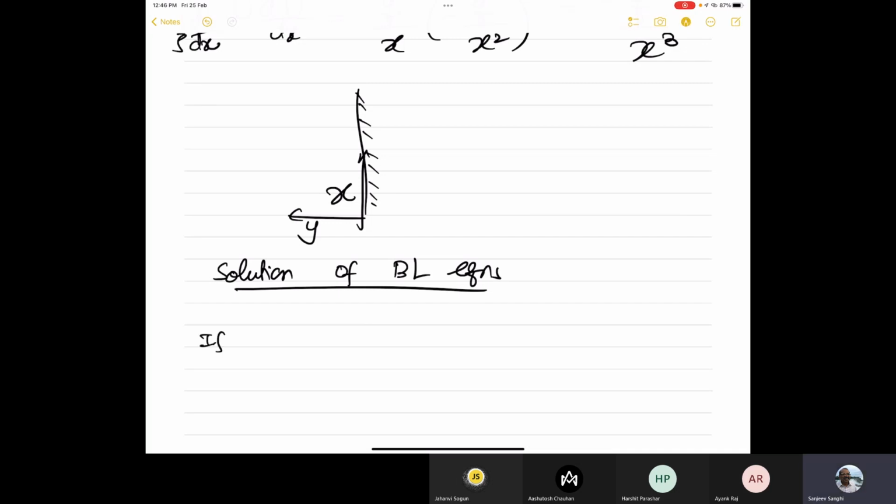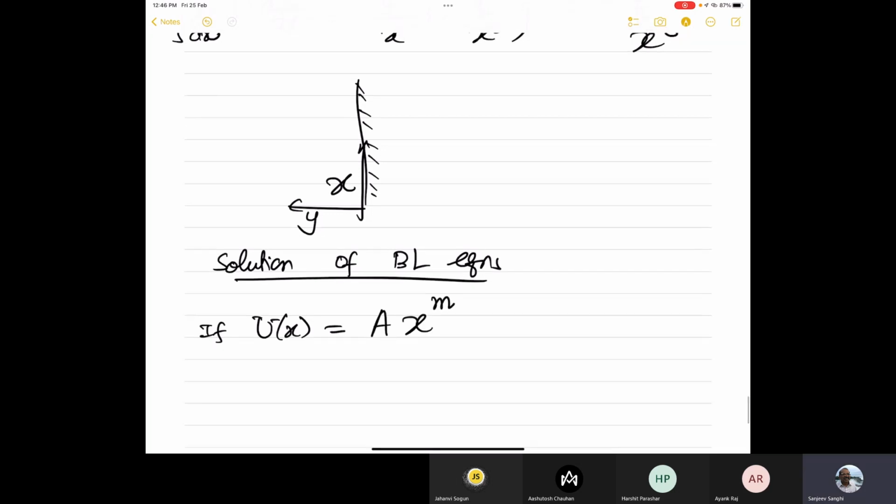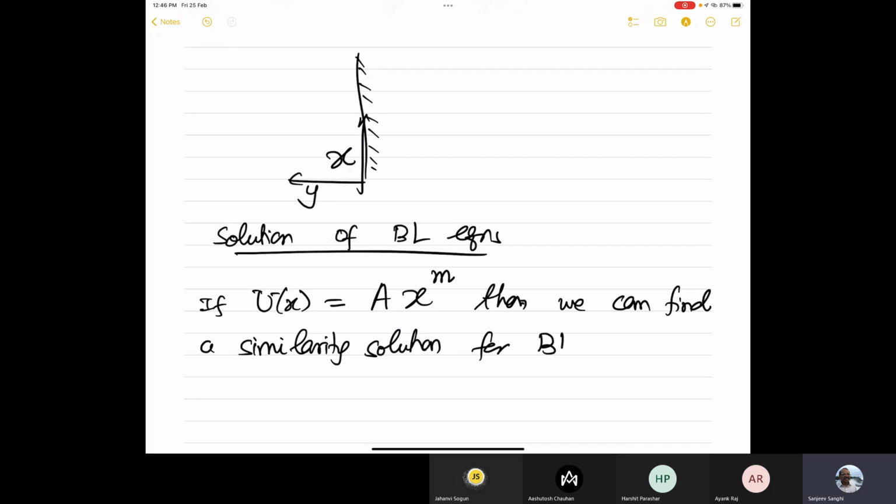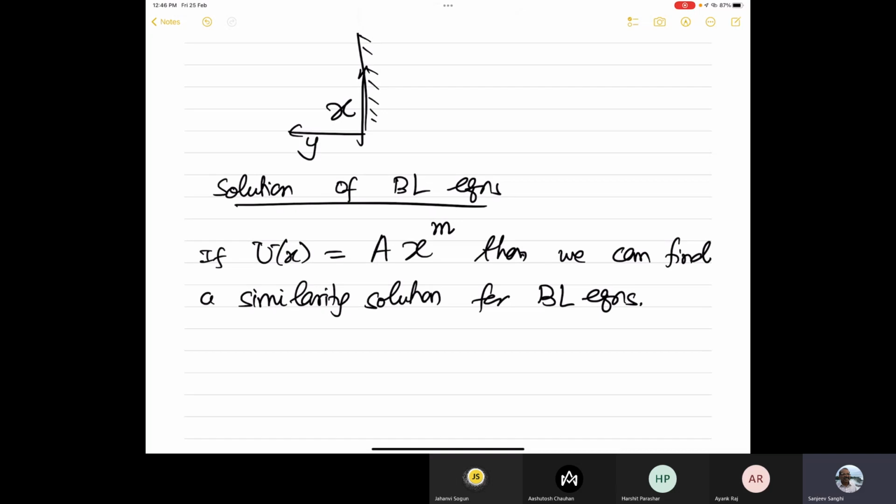And what one finds is if capital U of x is of the form A times x to the power of m, then we can find a similarity solution for the boundary layer equations. Of course, capital U may have any form, but if it is a polynomial in x, then we can find a similarity solution. And what does this mean?